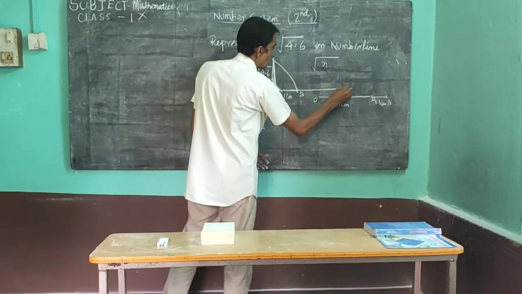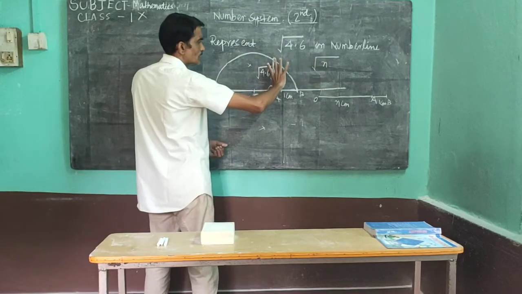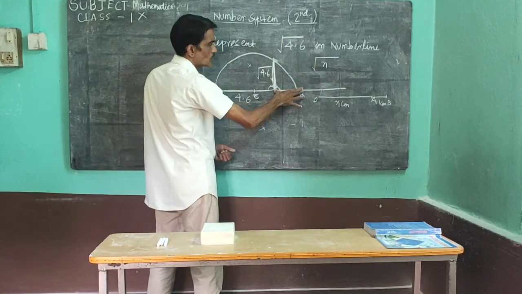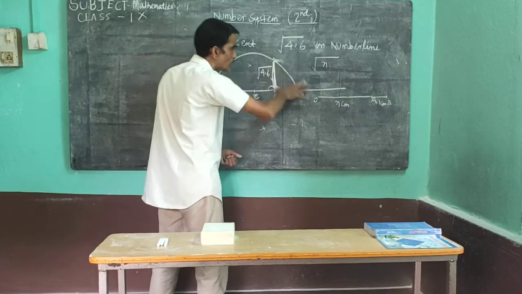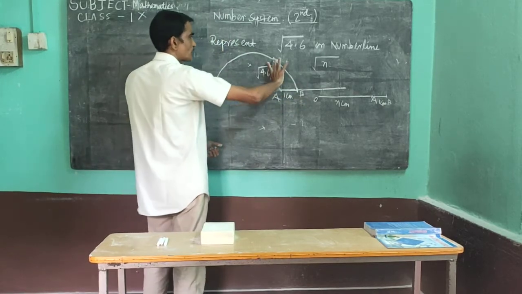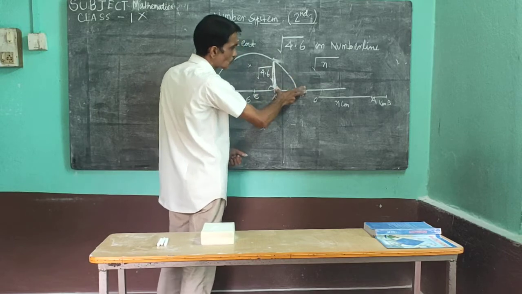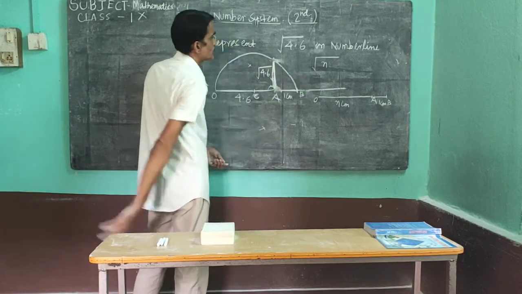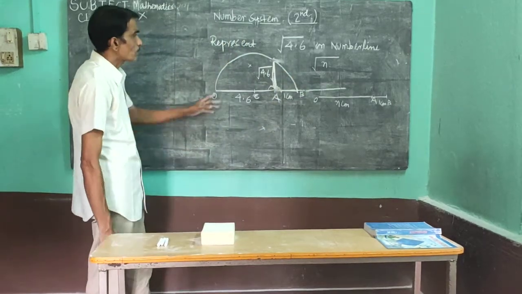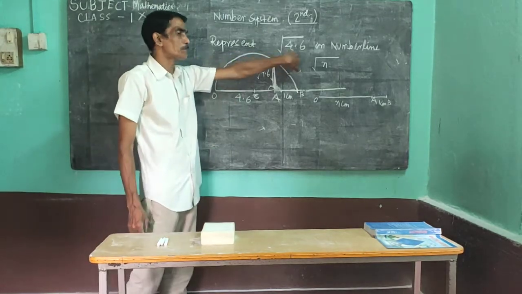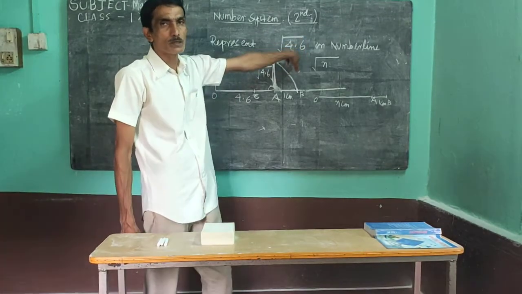Just extend this line, measure this line with the help of ruler and compass, and mark it on the number line by its projection.